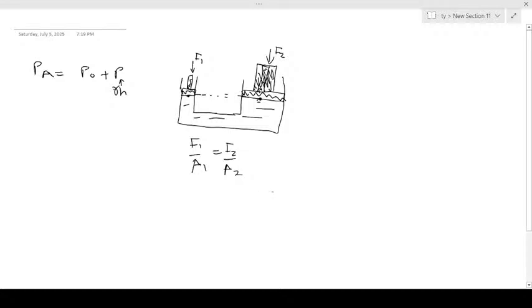So let's take a question. Let me see if I can sketch this. Let's assume we have this in the fluid.